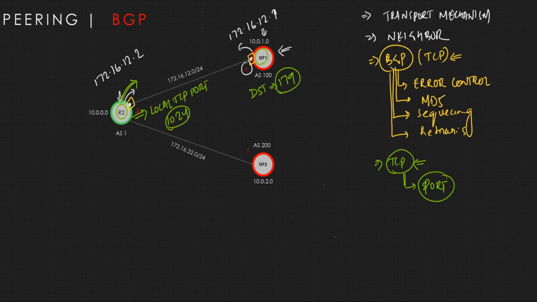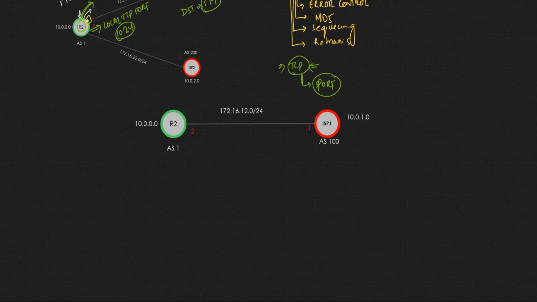We'll discuss the session forming. In our example, R2 wants to have a session with ISP1. This side is 172.16.12.2, and this side is 172.16.12.1. Autonomous system 100 and autonomous system 1, from R2's perspective.